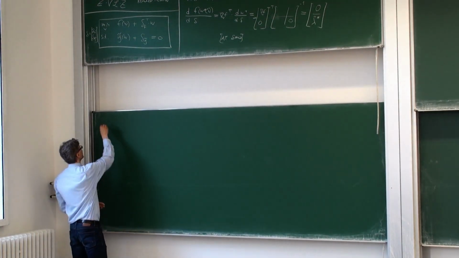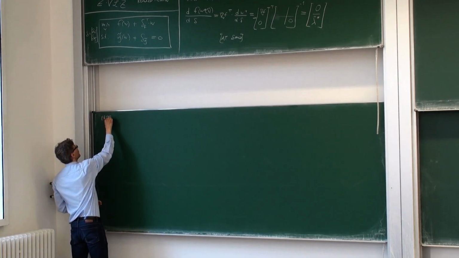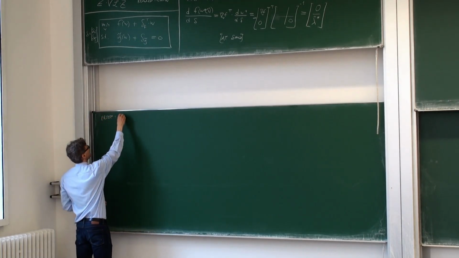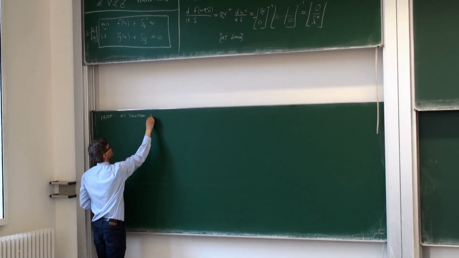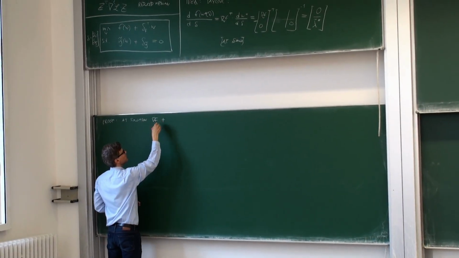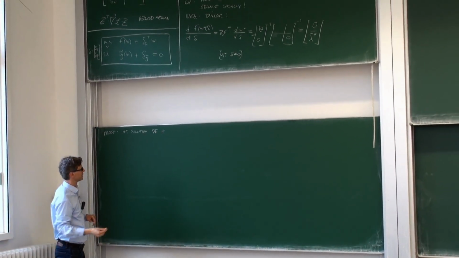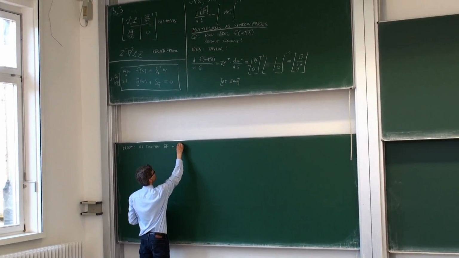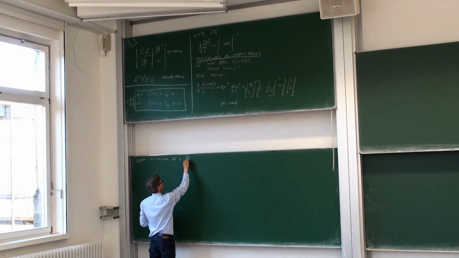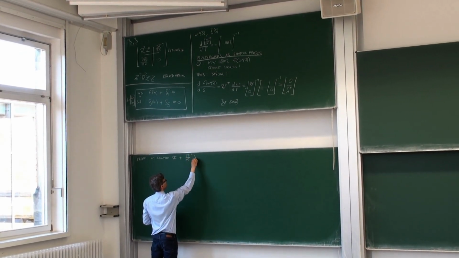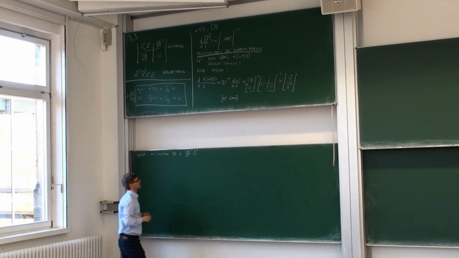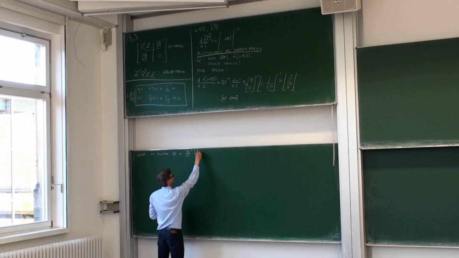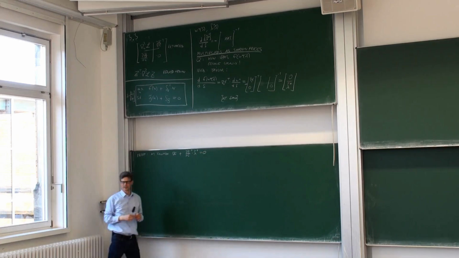The proof is that at the solution, what do we have? At the solution we have nabla f, I omit the argument, it's always at the solution, right? So nabla f plus dg tilde dw transpose times lambda tilde star. So that's 0, because our Lagrange gradient is 0, right?